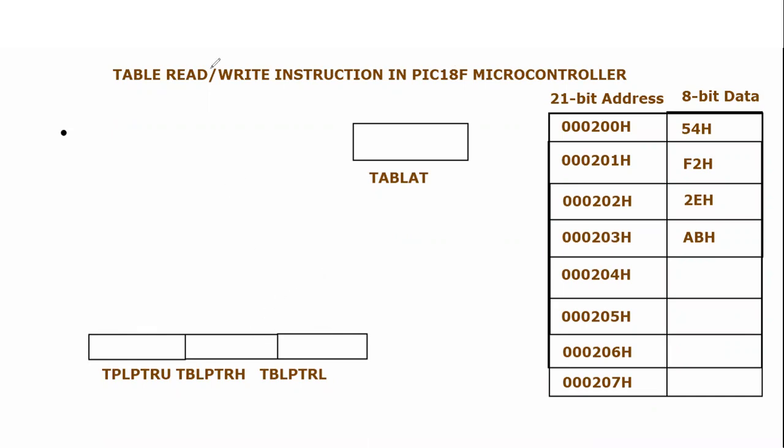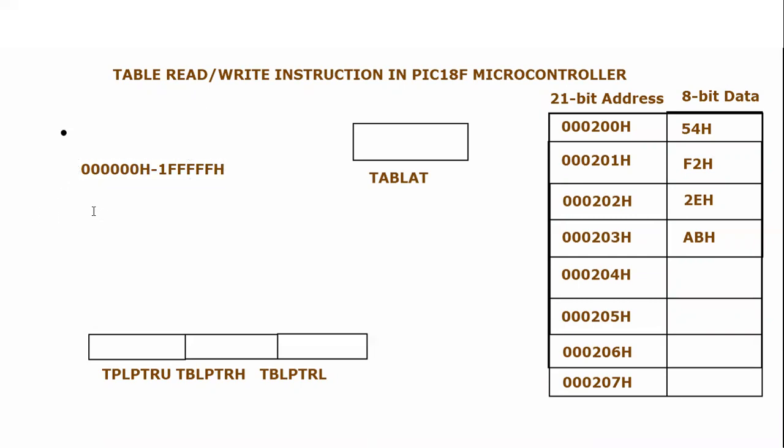And how do we do it? Let's consider one address. The minimum address could be 000000 hex, 6 hexadecimal symbols, and the maximum address is 1FFFFF hex, again 6 hexadecimal symbols.